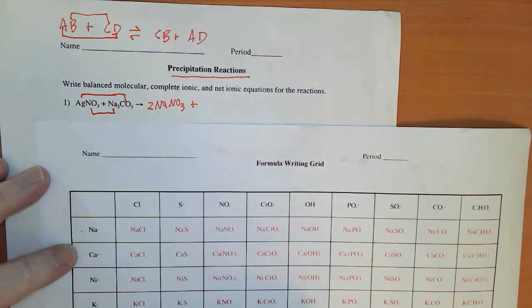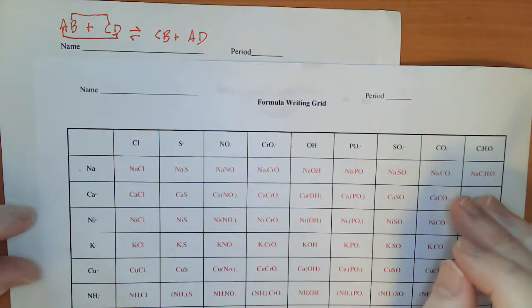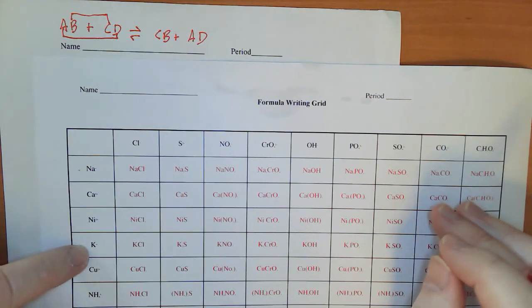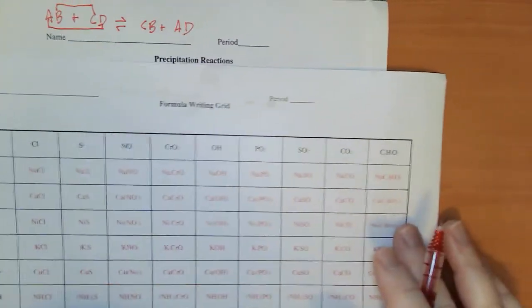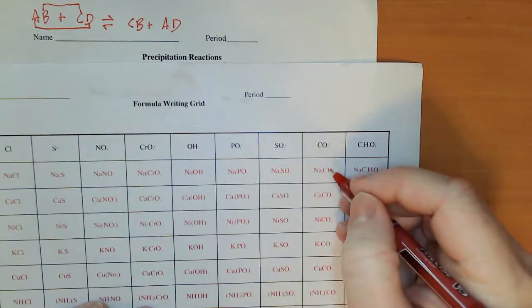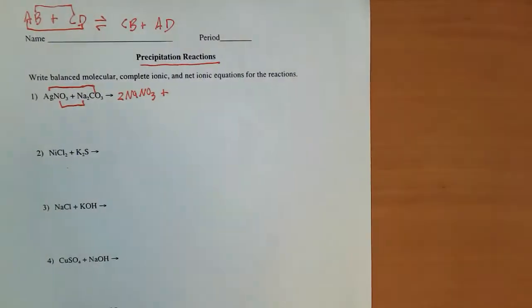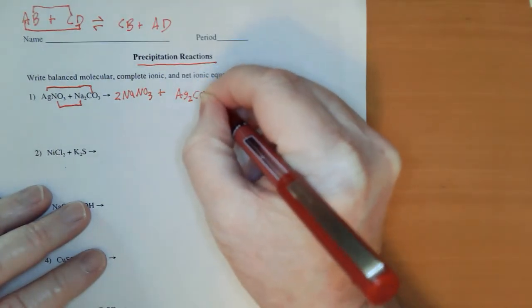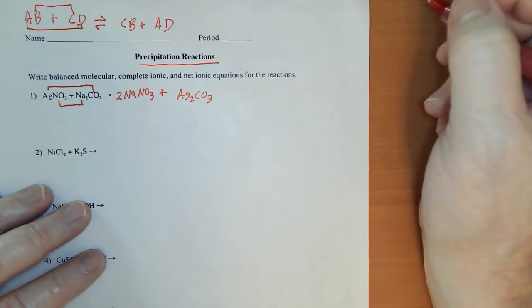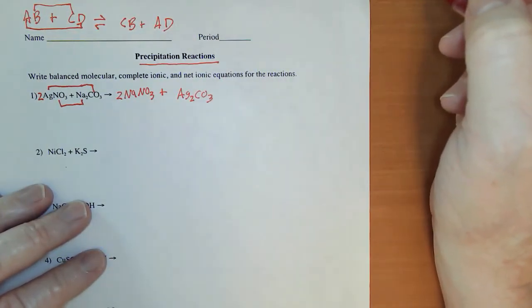I don't actually have Ag on this formula grid, so I could use Na plus or K plus as my example. Na plus and all the way over here CO3 2 minus, that's Na2CO3. So what that means is I'm looking at Ag2CO3. Balancing, I'm going to need a 2 in front of the AgNO3.